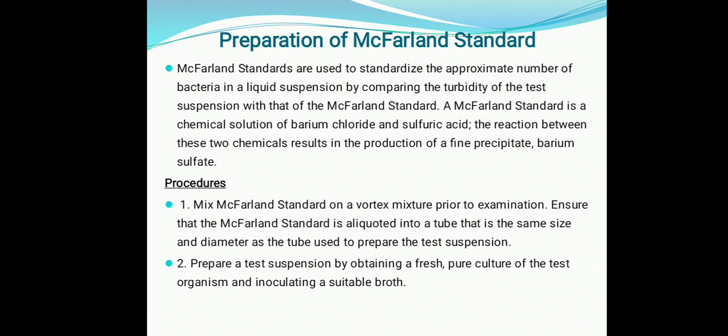Then how do we prepare this McFarland standard? We will mix the McFarland standard on a vortex mixer before we perform the test. Then we need to ensure that the McFarland standard is aliquoted into a tube that is the same size and diameter as the tube used to prepare the test suspension, or the bacterial suspension. Then prepare a test suspension by obtaining a fresh pure culture of the test organism and inoculating a suitable broth.